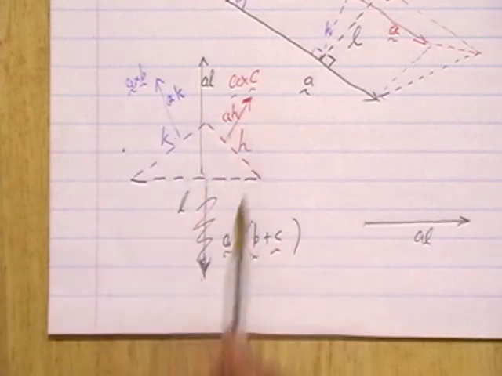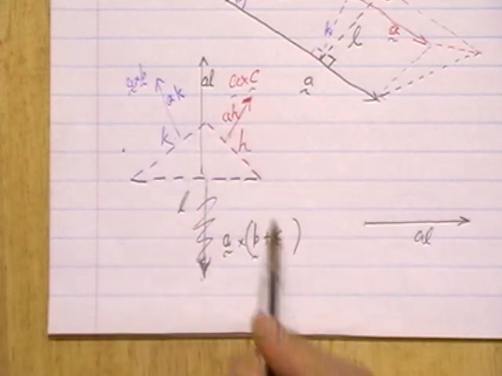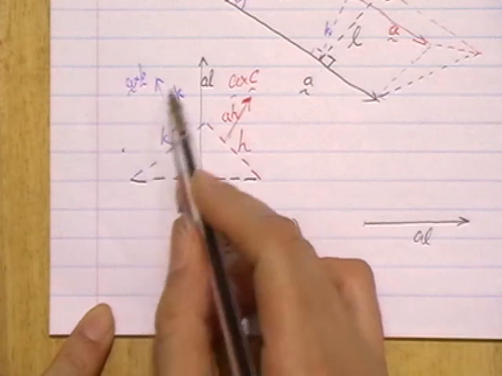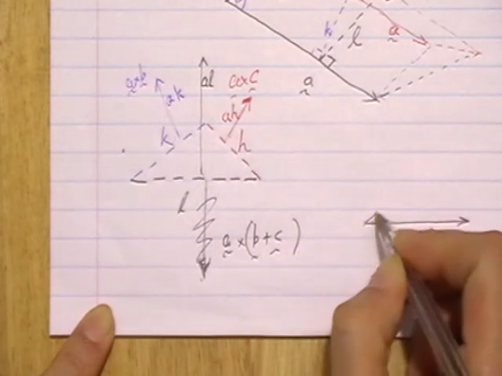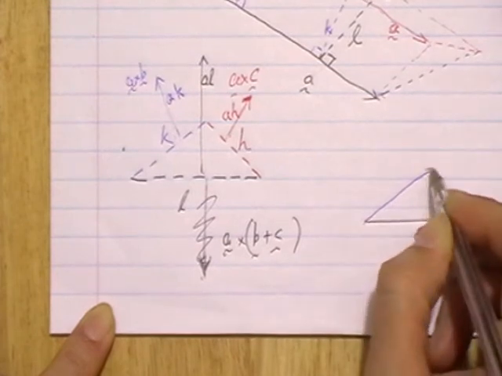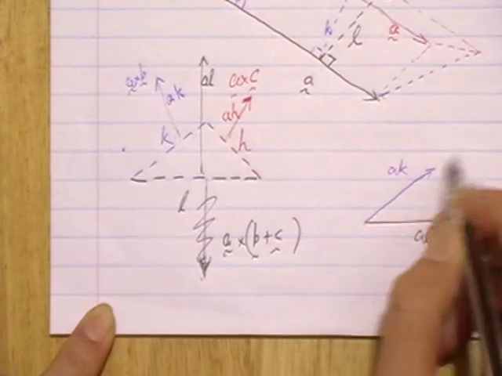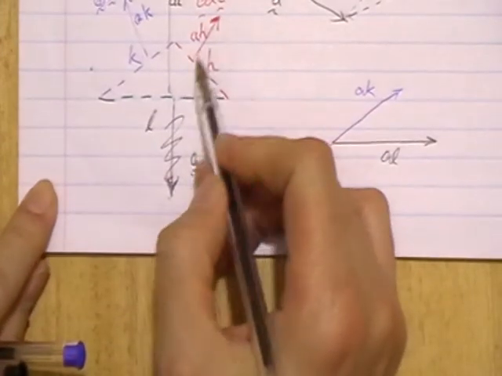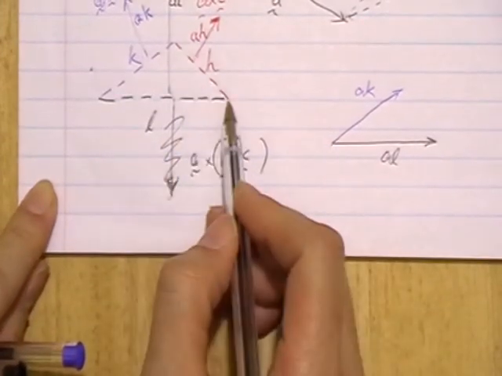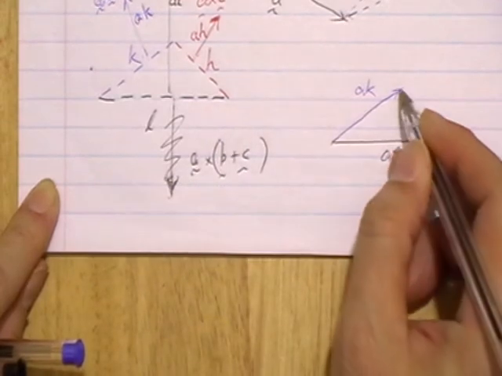I just rotate that, and if I rotate AK by 90 degrees, it will lie along the direction of K. And if I rotate AH by 90 degrees clockwise, it will lie along H.